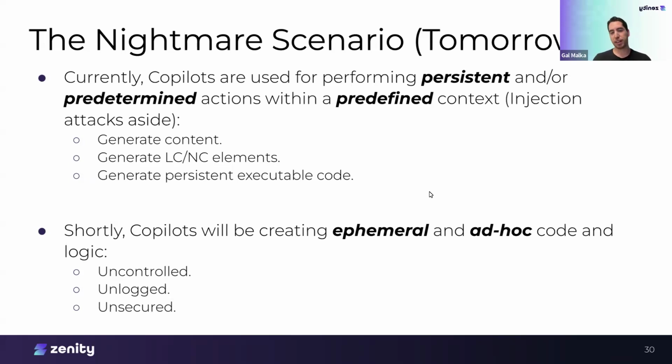We think that not long in the future, Copilots will be much more sophisticated. They will be trying to fulfill the user request by creating ad hoc code and logic. And when you think about it, with the current status of things, with the environments that are uncontrolled, we lack logging, we have many security issues, this could be a really big problem.